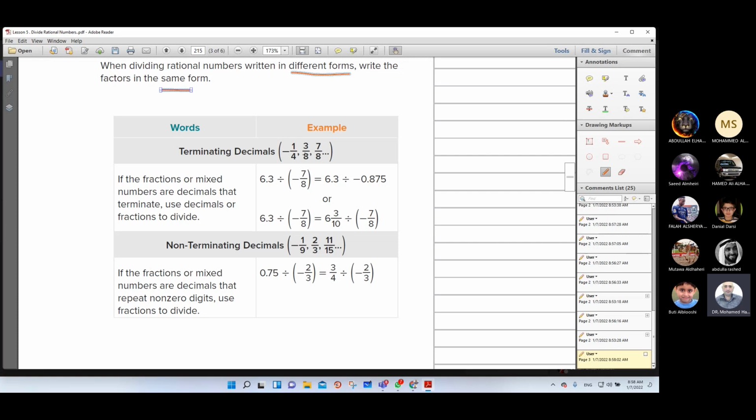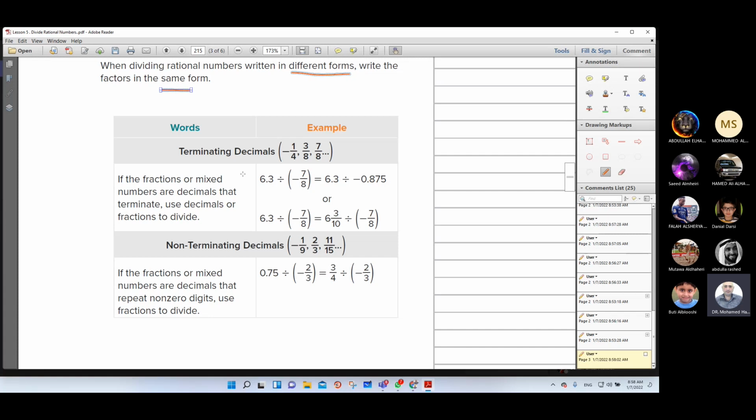So when you have terminating decimals, you can change the decimal to the fraction, or you can change the fraction to the decimal. It's up to you. So you can do two methods. So if the fractions or mixed numbers are decimals that terminate, you use decimals or fractions to divide.